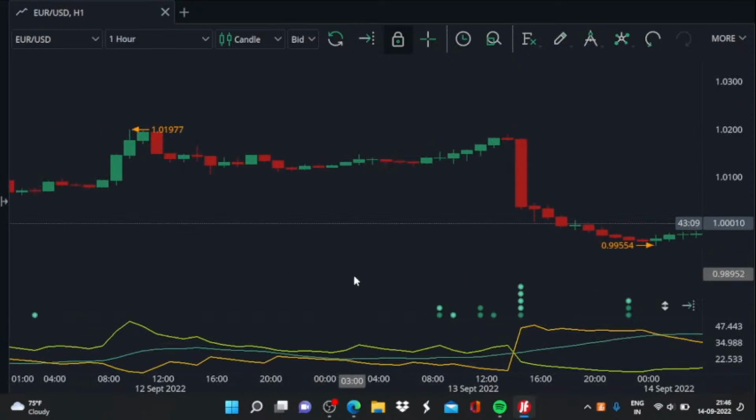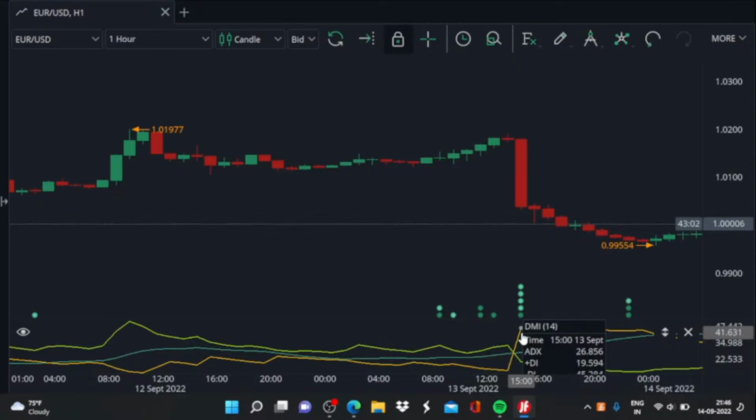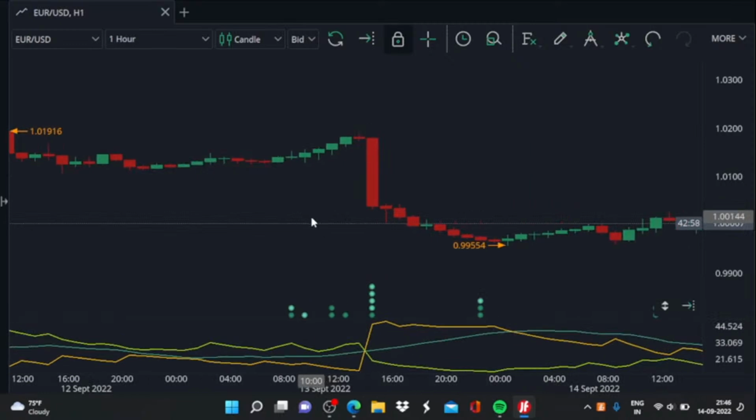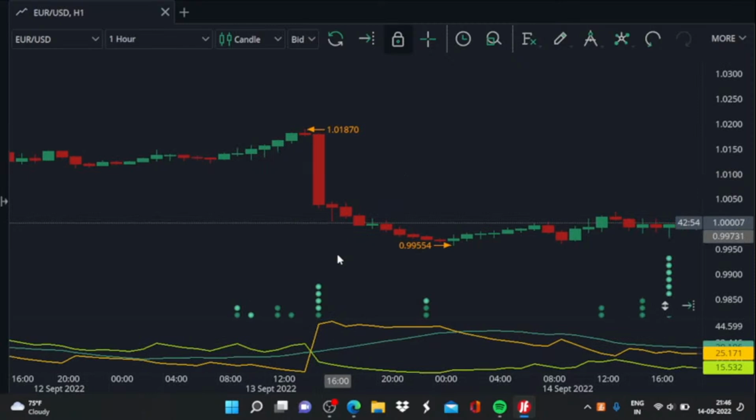So the classical interpretation is that when we have the minus DI, the negative DI, above the positive DI, that means the underlying trend is bearish for the instrument of choice, in this case the Euro USD. And if we have the negative DI below the positive DI, that means we have bullishness prevalent in the instrument of our choice.